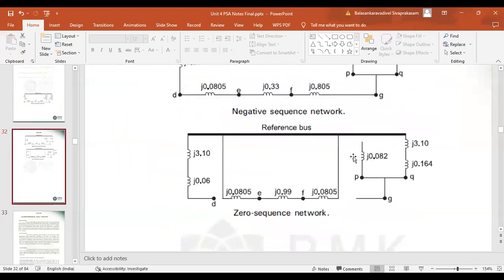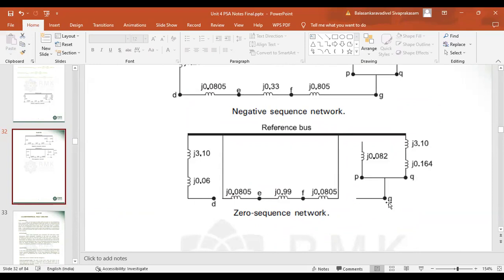For the transformer T2 secondary, it is delta connected, so there is no current. So here this point is open circuited, and then motor M1, again it is only star connection, that also will not carry the current.